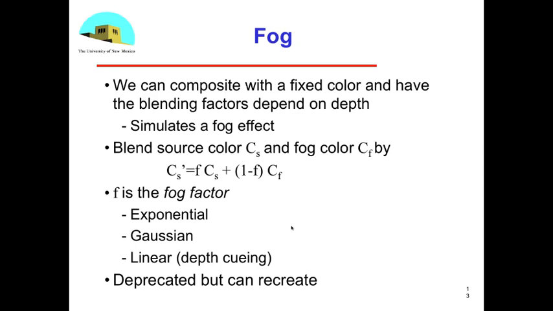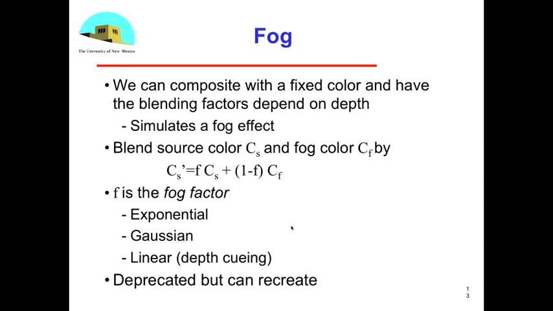There were three kinds of fog available in fixed function OpenGL. Linear, which was called depth queuing, was the technique that goes back to the old pre-raster systems. The ones that were more physically realistic used either an exponential or a Gaussian to determine how much of the fog to be blended in as a function of how far you were from the viewer.